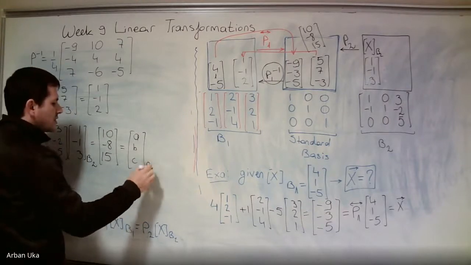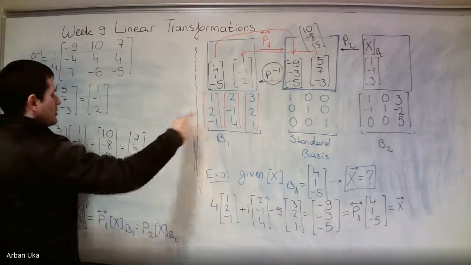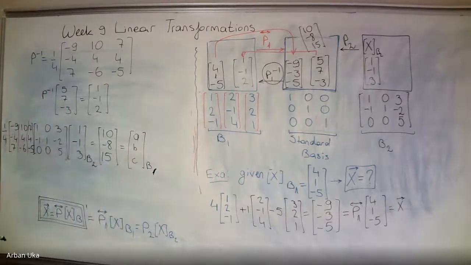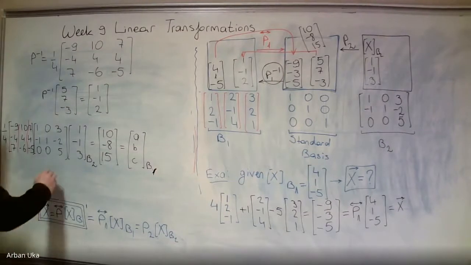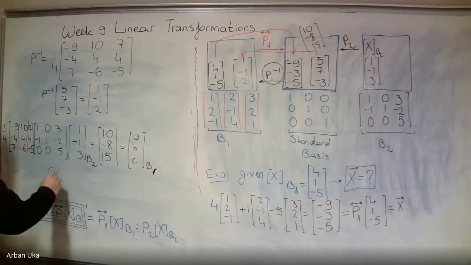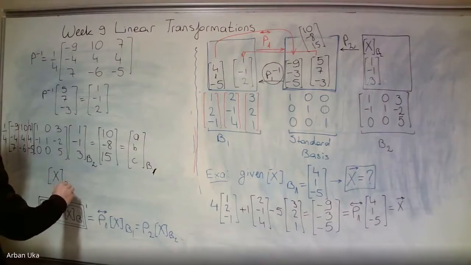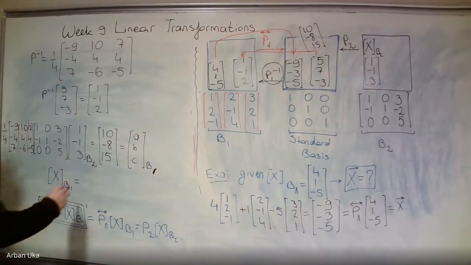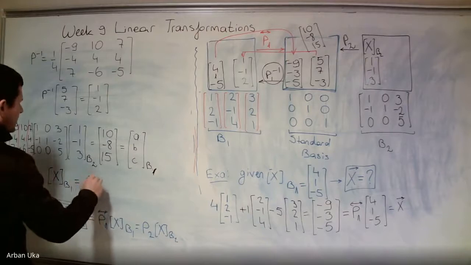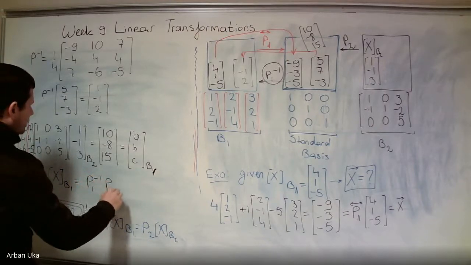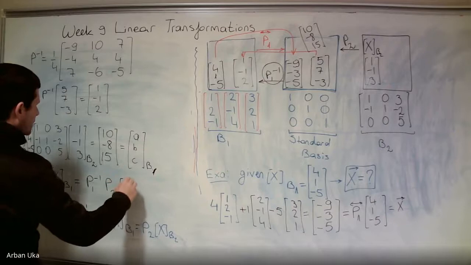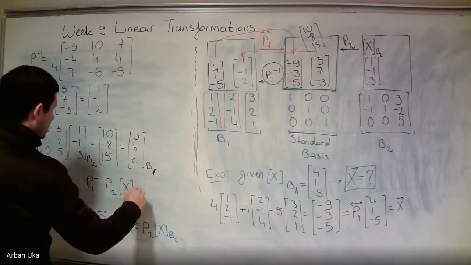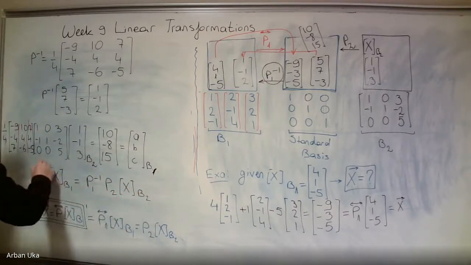This would be the projection according to basis B1 because we multiplied with P1 inverse. So for any vector x in basis B1, this was equal to P1 inverse times P2 times the vector x in basis B2.